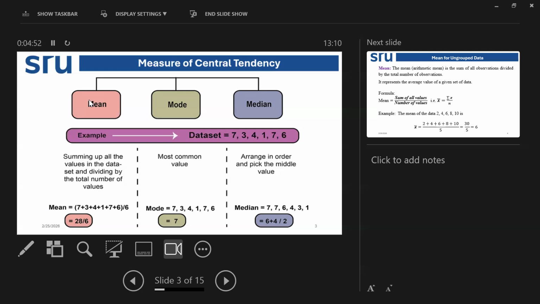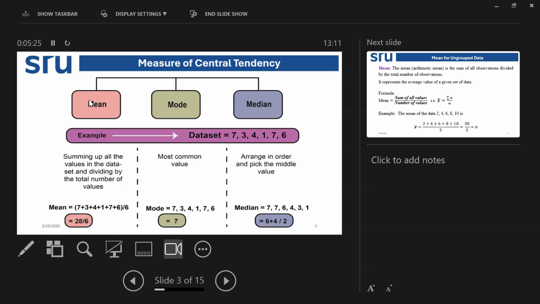But when we have grouped data, you will sometimes calculate the mid value, and then you will have a frequency value. You multiply both and then calculate, right? So that way also we will be discussing, because of the data availability. Right now we have two ways: grouped data and ungrouped data. You need to understand how to handle the grouped data and how to handle the ungrouped data. These two things are very, very important, right?